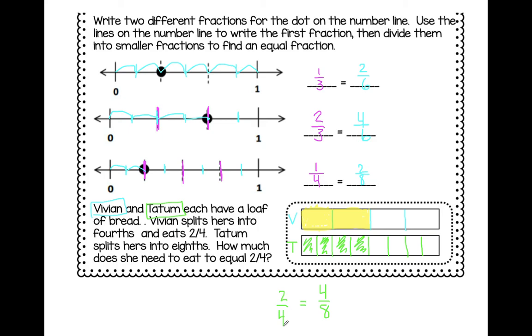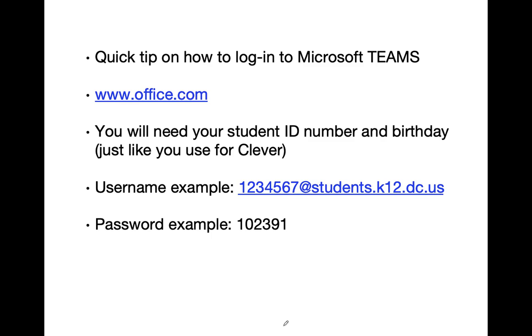I know you can. And I just want to briefly let you guys know a quick tip on how to log into Microsoft Teams. One of the things I would like for all of you to try is to go onto www.office.com. Once you get there, you'll be able to use the prompt to log in. You are then going to need your student ID, which is that number you use for your username for Clever.